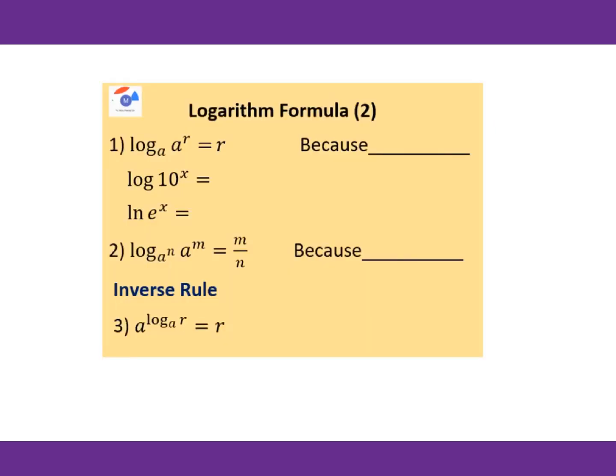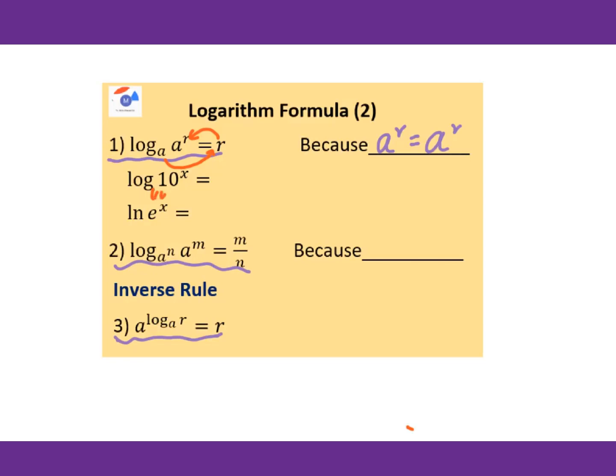When you evaluate logarithm expressions, these three logarithm formulas are very, very important, because a to the r's power equals a to the r's power. Therefore, we get log base a of a to the r's power equals r.